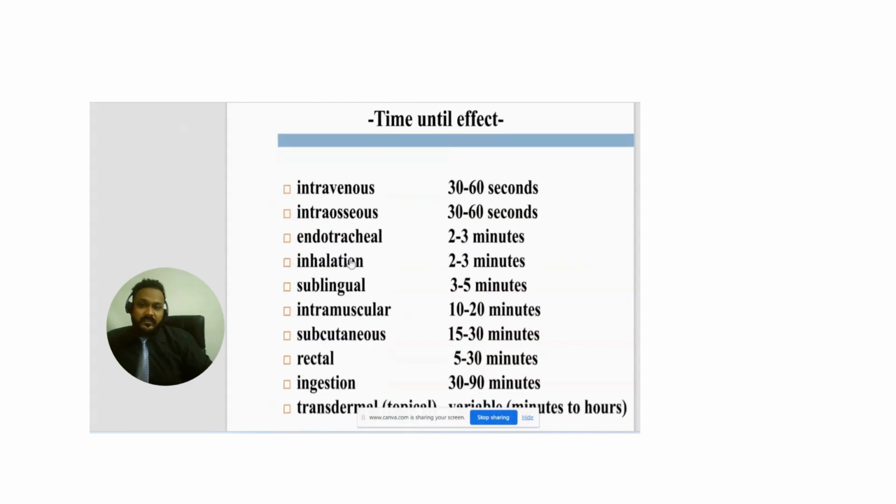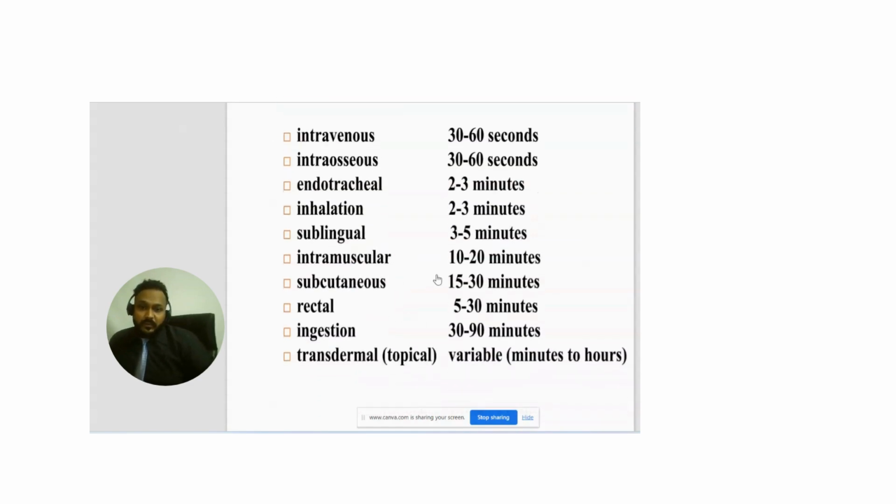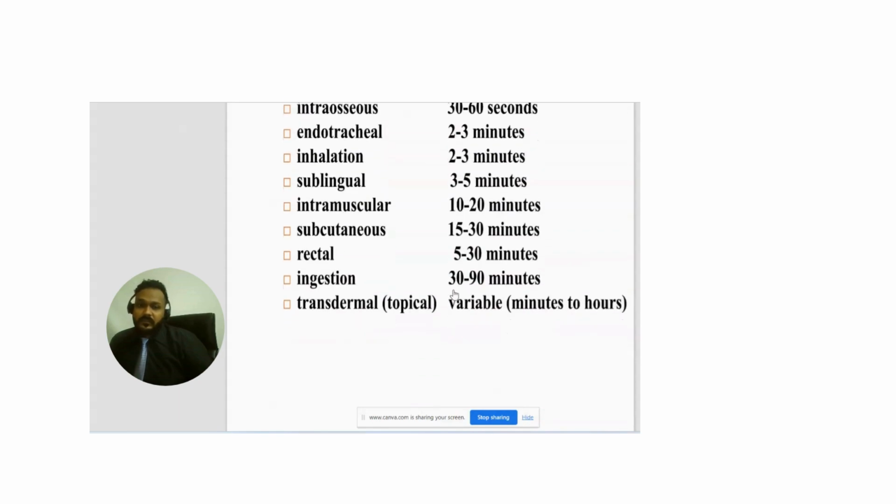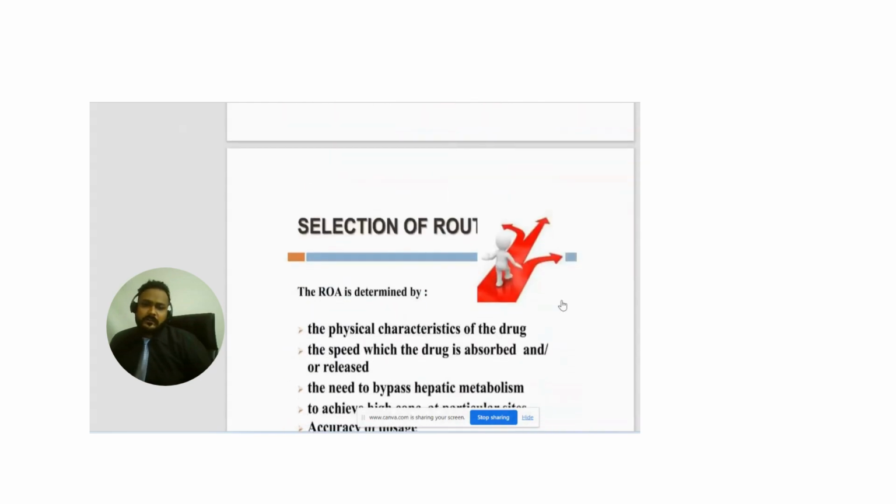It's very fast. Intrathecal 2 to 3 minutes, inhalation 2 to 3 minutes, sublingual 3 to 5 minutes, intramuscular 10 to 20 minutes, subcutaneous 15 to 30 minutes, rectal 5 to 30 minutes. Oral, it takes a long time, 30 to 90 minutes, and transdermal, it varies from around 1 minute to 1 hour.